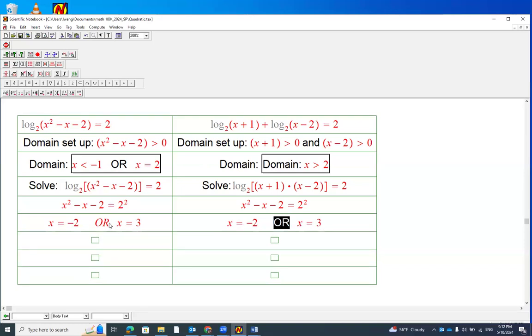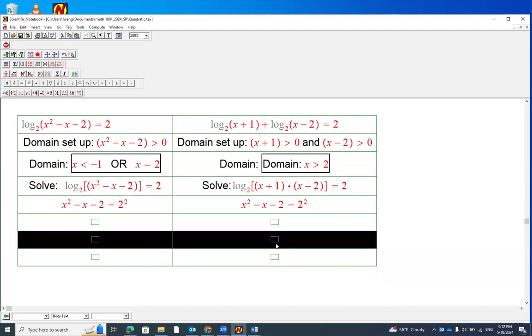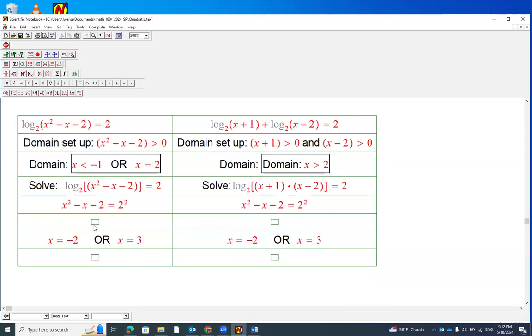And you do the factoring the same: x plus 2 times x minus 3.